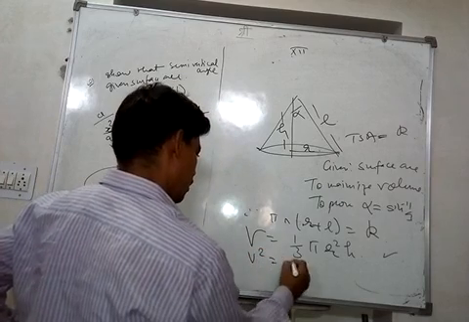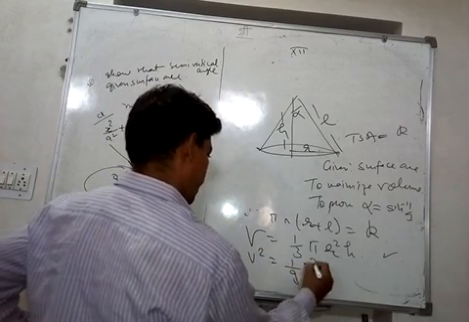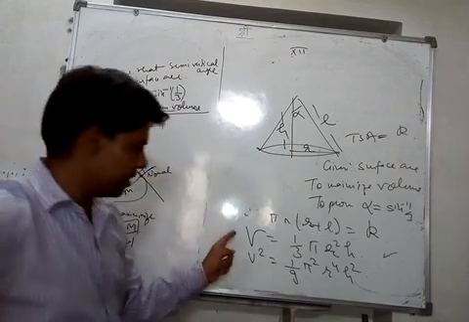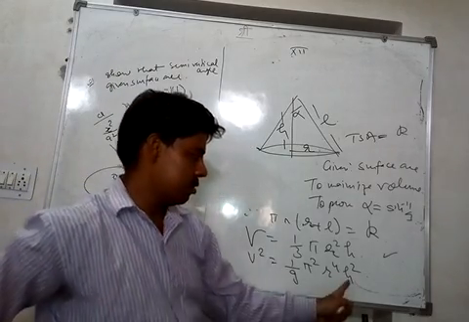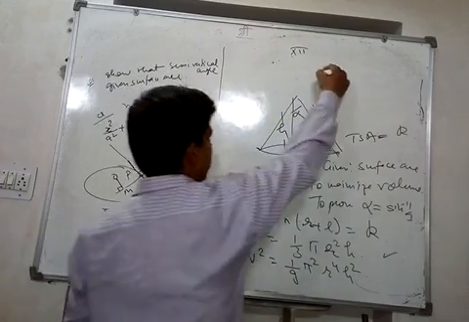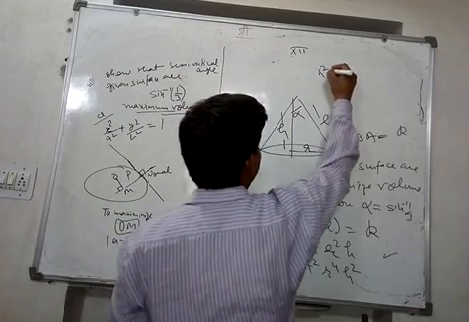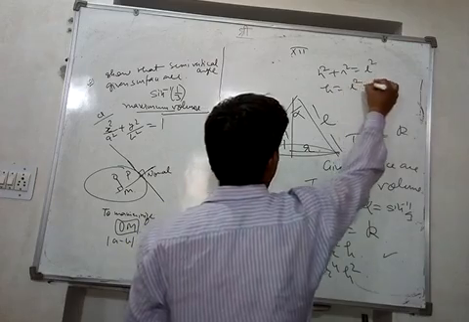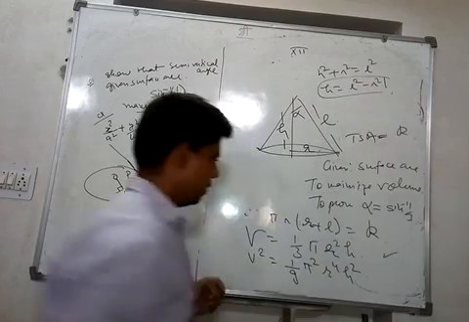So v square is equal to 1 upon 9 pi square r to the power 4 h square. We need to maximize v, so we can maximize v square. So h square we can substitute from this equation: h square plus r square is equal to l square. So h square is l square minus r square, right?